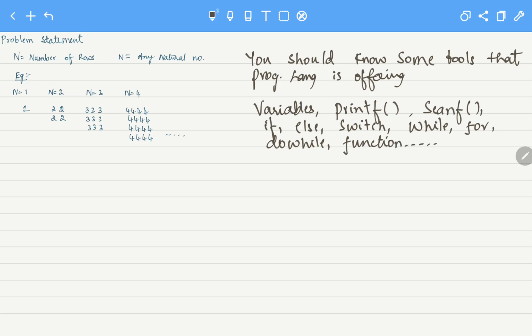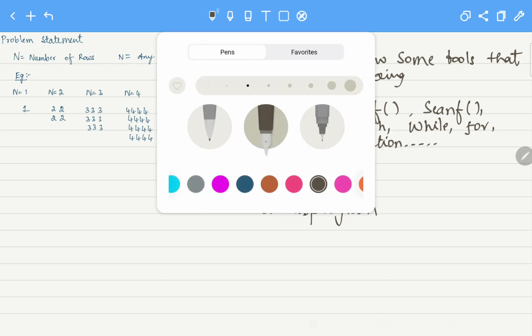These are some of the things that I am able to recall from my previous knowledge, whatever I have studied in the programming languages course, and by using these tools I am going to write an executable program. So let's just see what are the tools we can use over here in this problem.